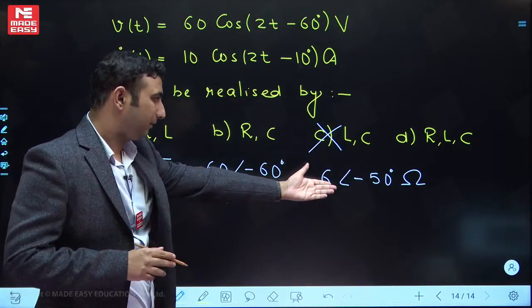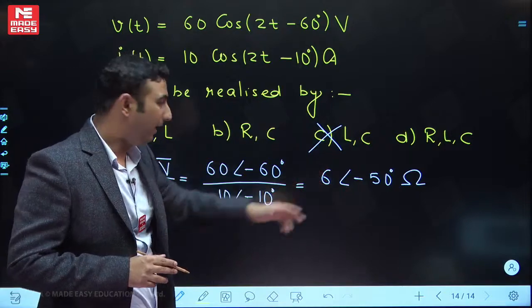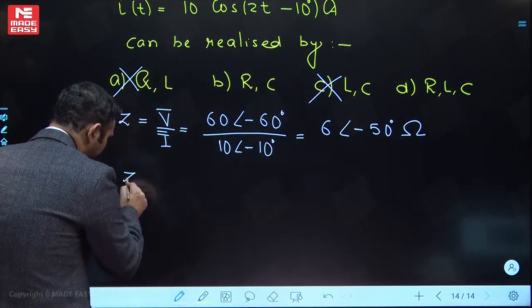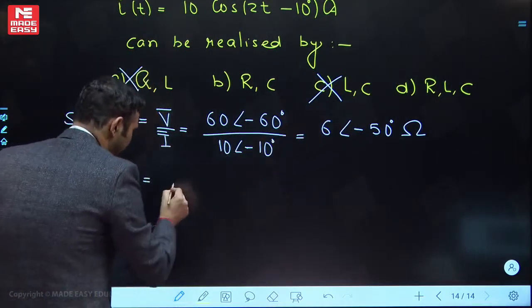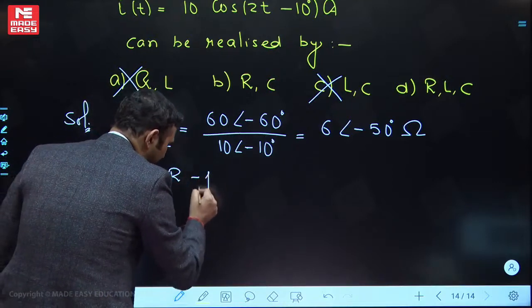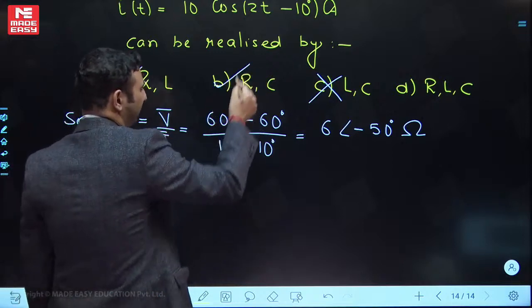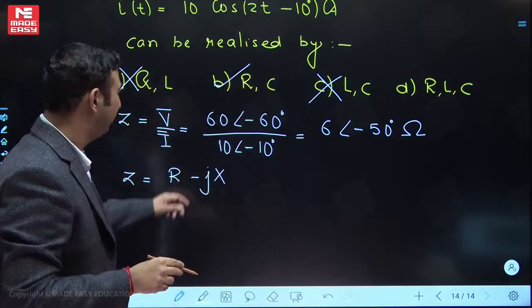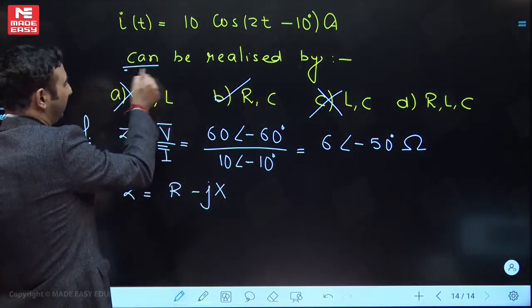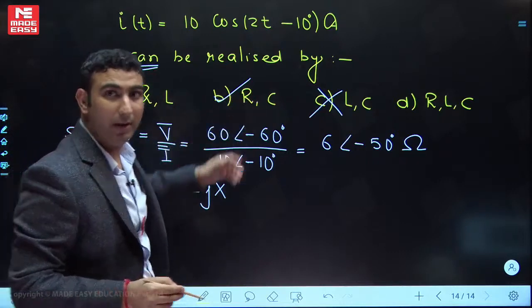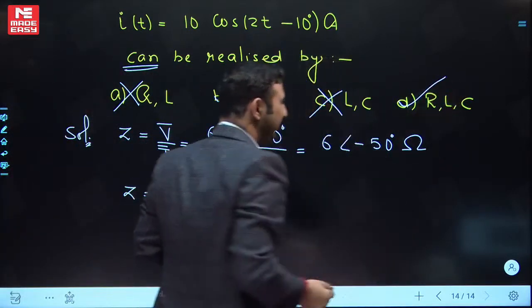So I can form it with the help of R and C, because if I expand this, some positive term minus some negative term, obviously R minus jXC should be the answer. It seems this should be the answer, but it can be realized by this also, isn't it?